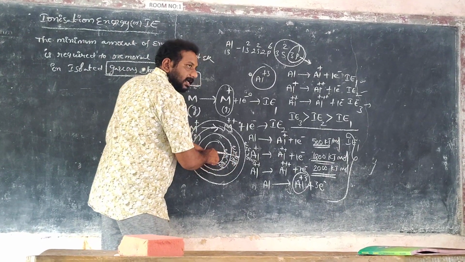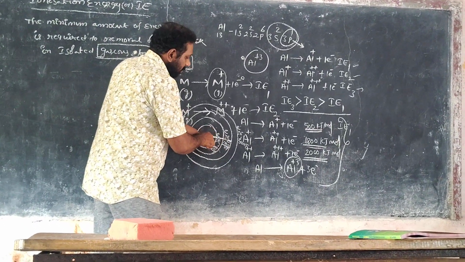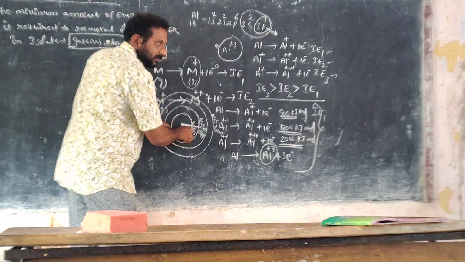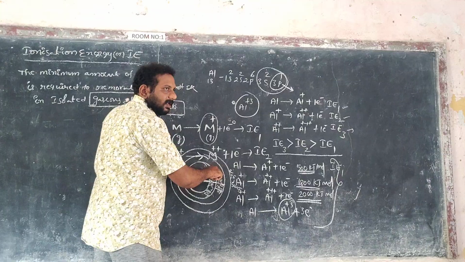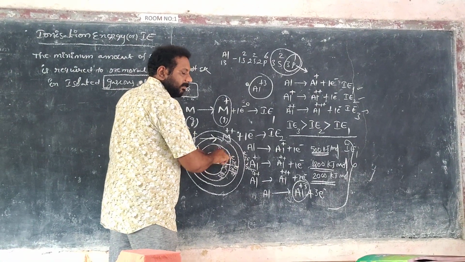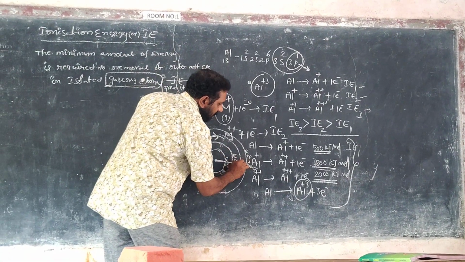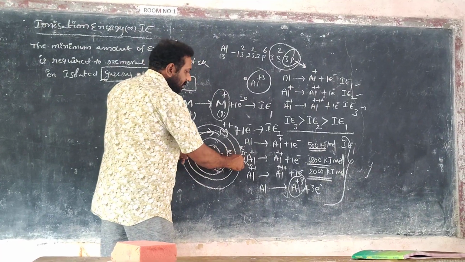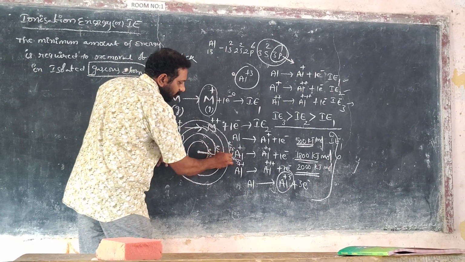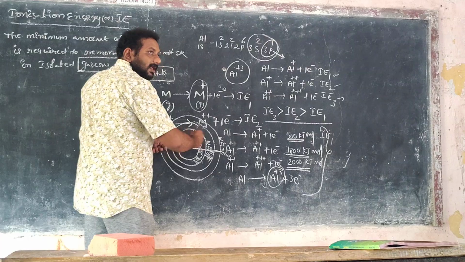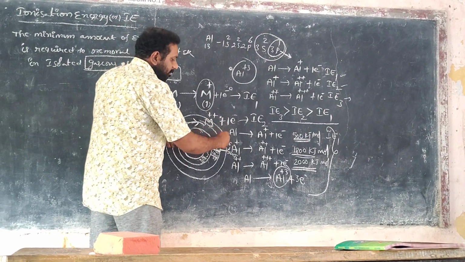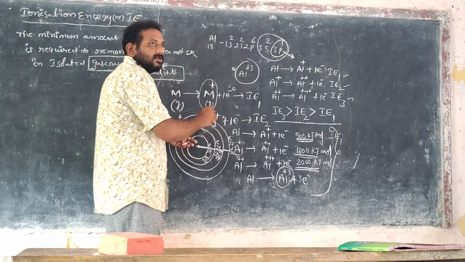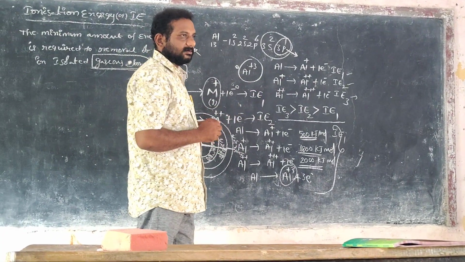The nuclear attraction forces between the third and second ionization energies are nearly high. For the first ionization energy, the nuclear attraction forces are very weak, so the removal of the electron is very easy.